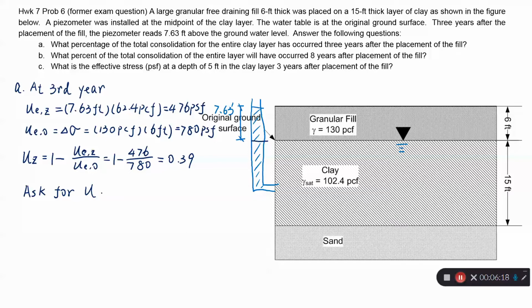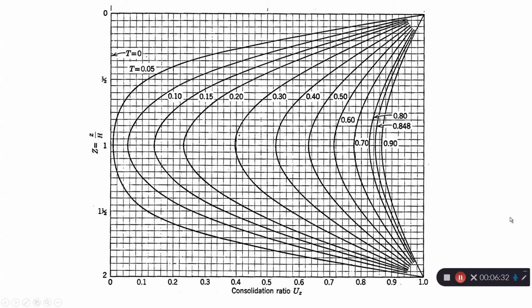In order to get U, we need the time factor. So look at what we have so far, and look at the chart. For sure we can calculate Z, at the midpoint. Let's figure out whether it's one way or two way drainage. It seems it's a two-way drainage, so my Z would be 1.